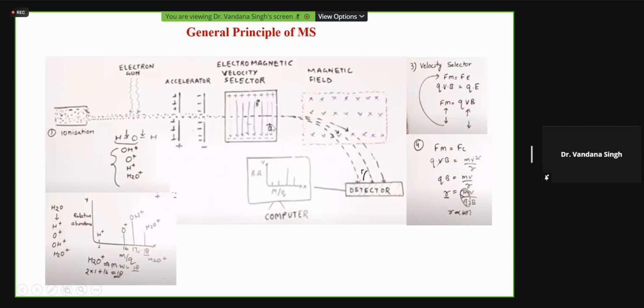So soft ionization is used in the case of fragile or heat-labile molecules.